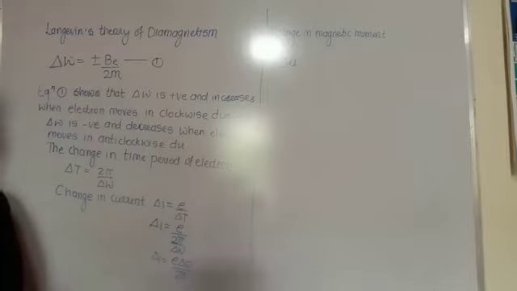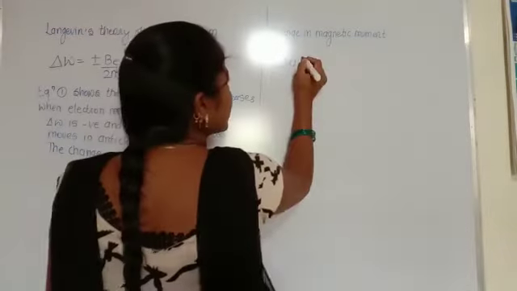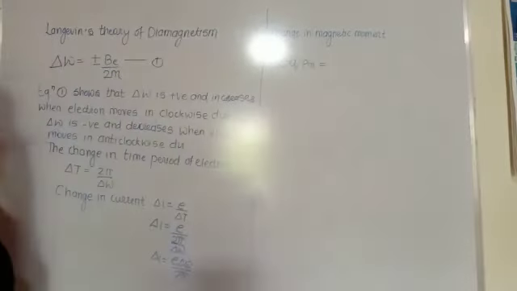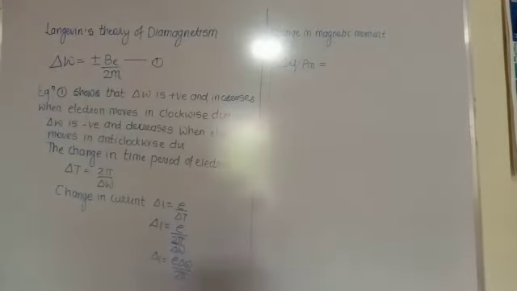The magnetic moment is the current into the area of the circular orbit.